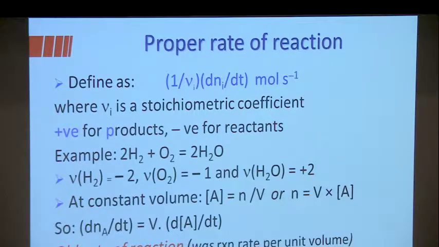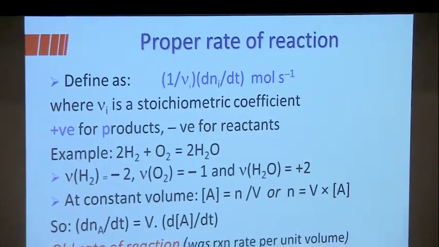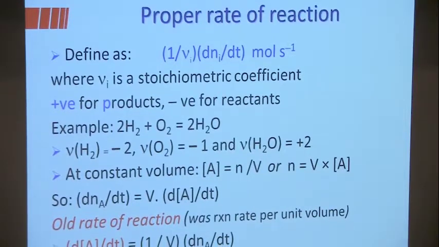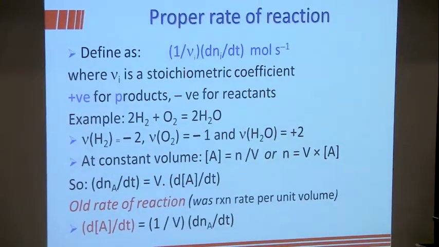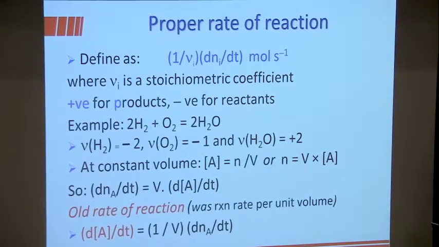If we look at it at constant volume, we know the concentration is number of moles per unit volume, or the number of moles is equal to volume times concentration. So the change in number of moles of A with respect to time is the volume times the change in concentration with respect to time. The old rate of reaction was the rate of reaction per unit volume.